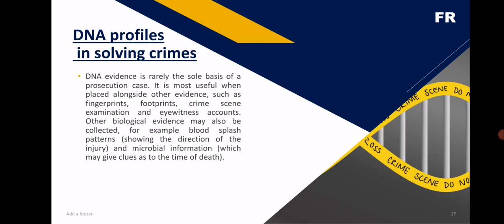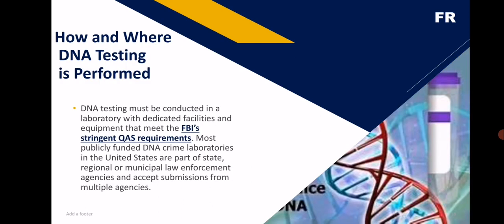It is most useful when placed alongside other evidence such as fingerprints, footprints, crime scene examination, and eyewitness accounts. Other biological evidence may also be collected, for example, blood splash patterns showing the direction of injury and microbial information which may give clues as to the time of death.